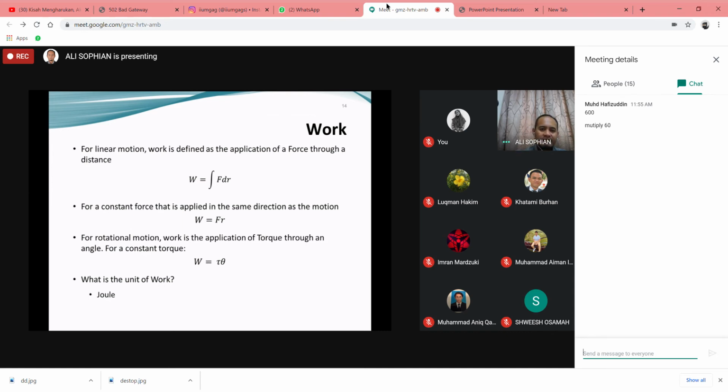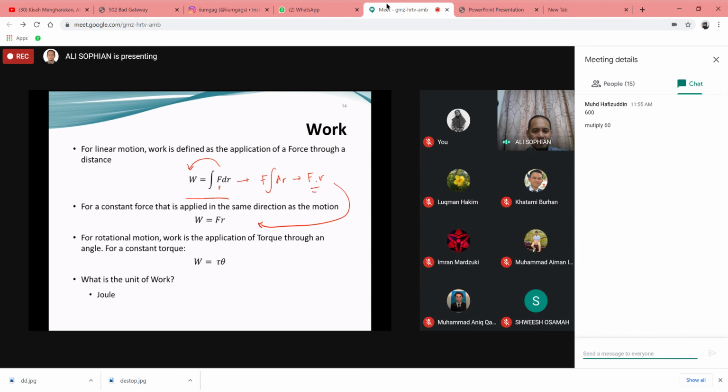It's given by the integral of F dr. If the force is constant, you can take it out of the integral, and you have F times the integral of dr, which gives you F times r.